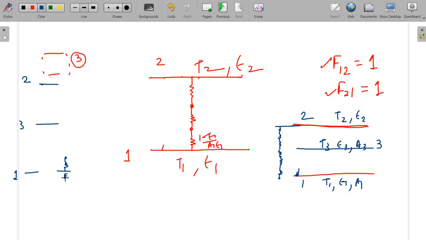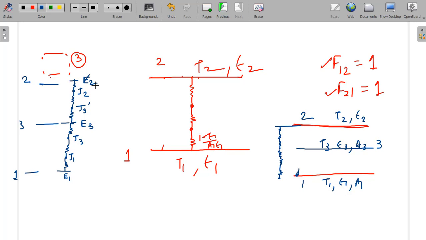So first there will be some surface resistance, from E1 to J1, then there will be some space resistance up to J3, then some surface resistance up to E3, then again some surface resistance up to, say, J3 prime, then space resistance to J2, surface resistance, and we will come to EB2 or E2.